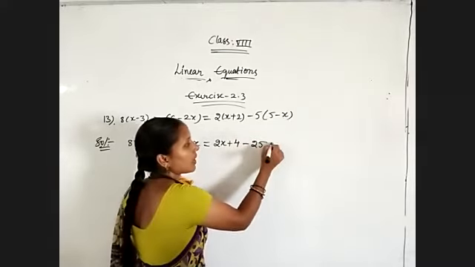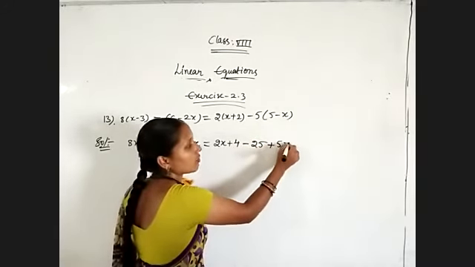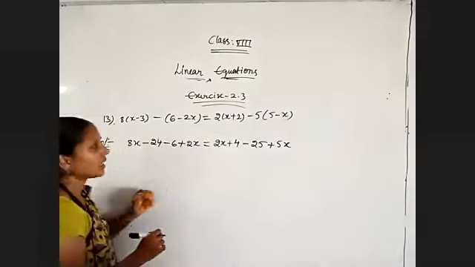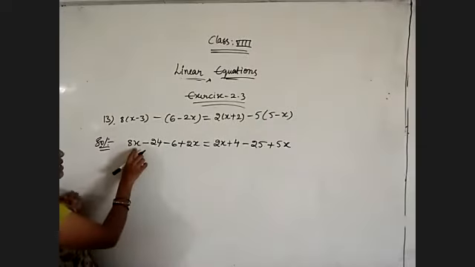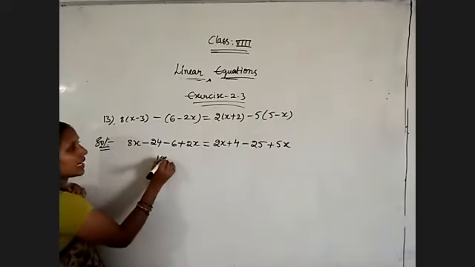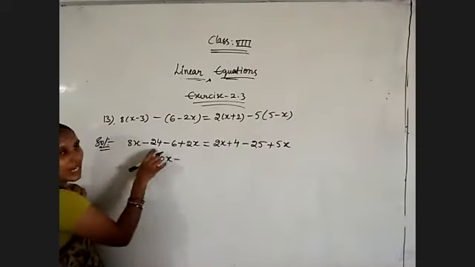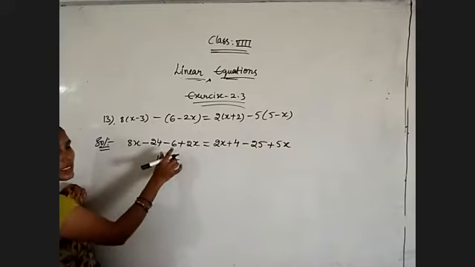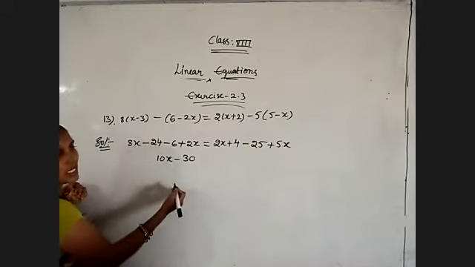Minus into minus plus, 5 into x is equal to 5x. Okay. So which will be equal to 8x plus 2x, 10x minus, both are minus values, so addition, 24 plus 6 is equal to 30, so that is minus 30.